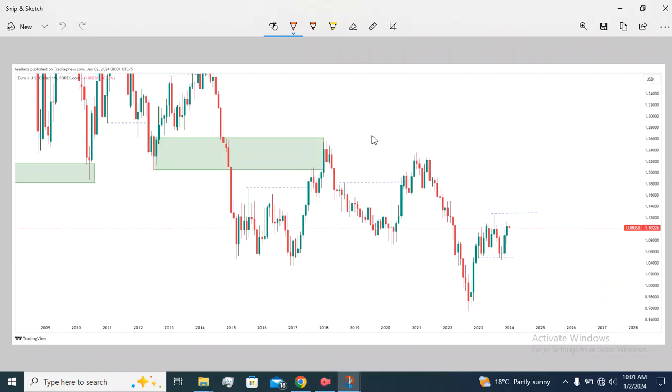This is the monthly time frame. Right, you can see what was happening there. You can see how this market is trying to reach for this liquidity, but we are now currently reacting off of some zone here, right?